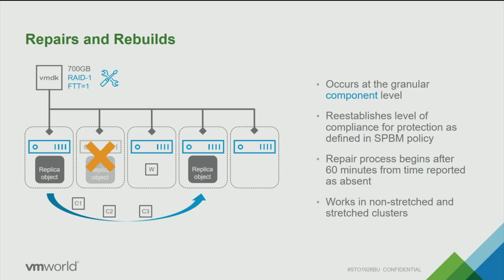But after a 60-minute window, it's going to kick off the repair or rebuild process of that data in order to satisfy the original compliance. In this particular case, you see that the VMDK object has a policy setting of mirroring, or RAID 1, with a failure to tolerate of 1. And this logic works in a standard cluster as well as a stretch cluster. So we are topology aware, and we have that understanding of the data placement.